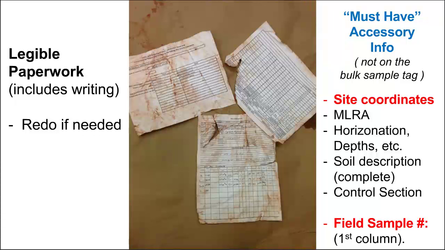If we put the samples' paperwork in folders, and then put it on top of the secondary bag, which is in a shipping box, we typically put a pedon's worth of samples, or we can put more, in a secondary bag. Throw it on top of that secondary bag. Everything's stapled shut. The primary sample bags are stapled shut.